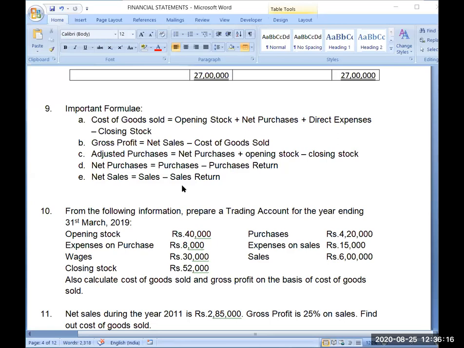Because it is not sold, that's why it is deducted from the total cost. And then I will get the cost of the goods I have sold. So that's why this is the formula of cost of goods sold. Now this formula will give me the cost for the quantity of goods that I have sold. Now I hope the first formula is clear, or are there still any queries?